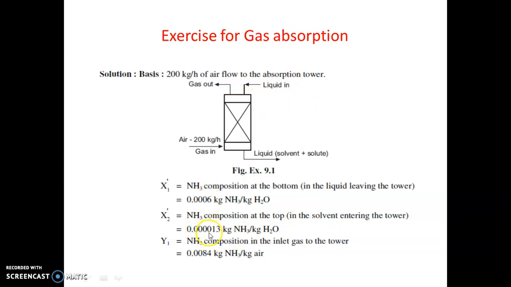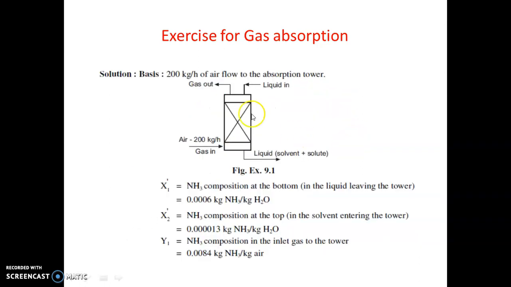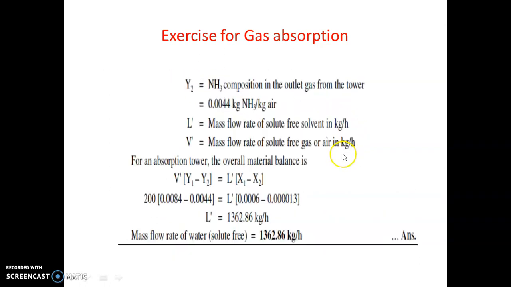These two are also given in the problem, and Y1 is the ammonia composition in the inlet gas to the tower, and Y2 is the composition of the outlet gas. And L' you have to calculate, that means the mass flow rate of solute free solvent.